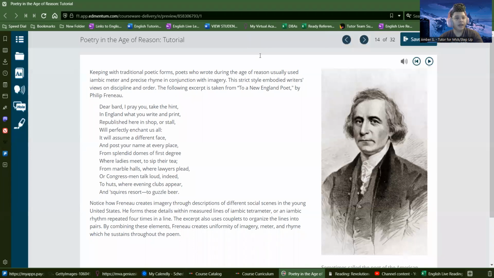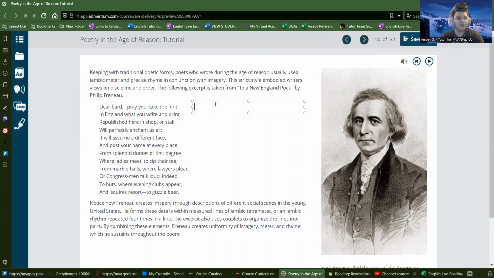So basically you're marking which words rhyme with each other. And the point of a rhyme scheme is for you to understand which words are rhyming with each other.